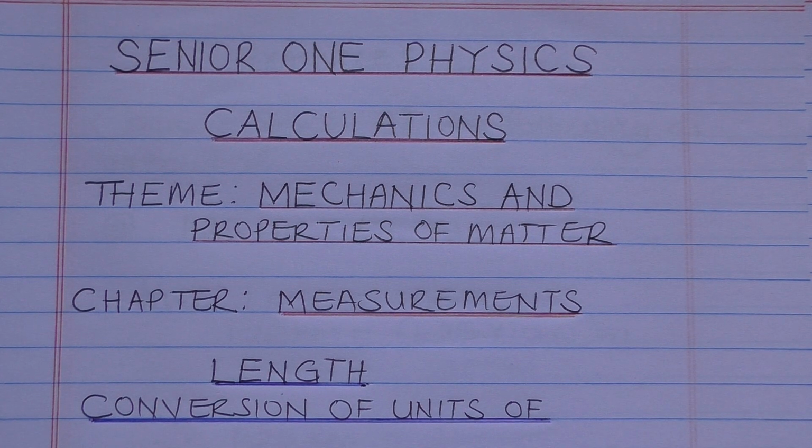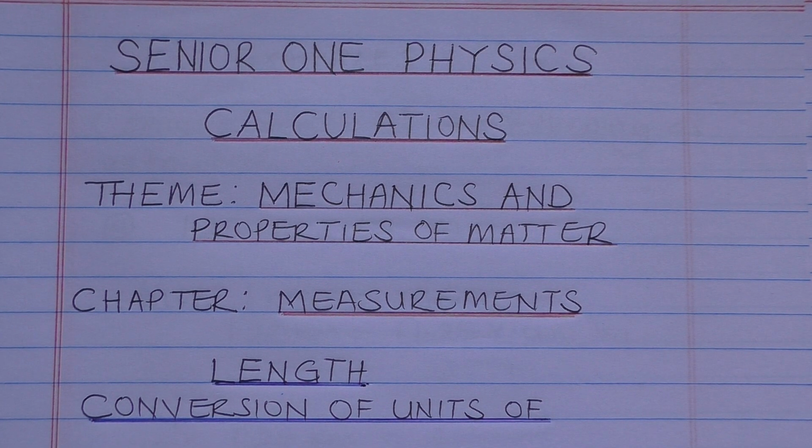Then the other type is the derived quantities. The word derived simply means obtained from. So we derive them from the fundamental quantities by multiplying or dividing two or more fundamental quantities. For instance, density. Density is gotten by dividing mass by volume. So density is derived from mass and volume.